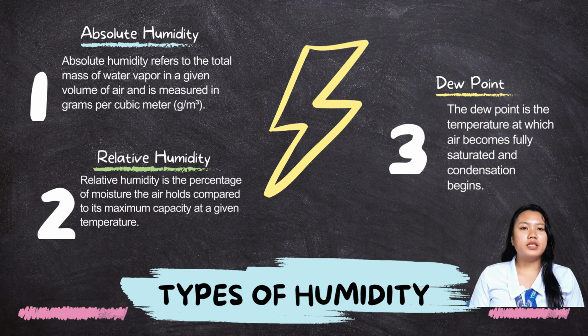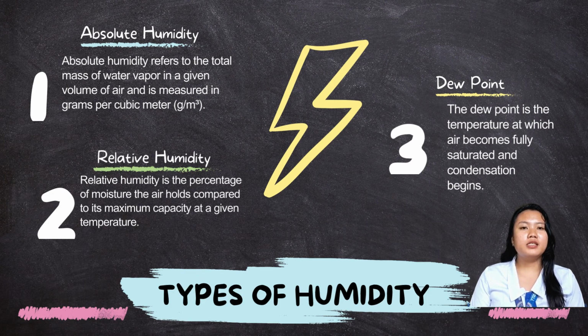Second is relative humidity. Relative humidity is the percentage of moisture the air holds compared to its maximum capacity at a given temperature. For example, if the relative humidity is 80%, the air is nearly saturated, making it feel much warmer.